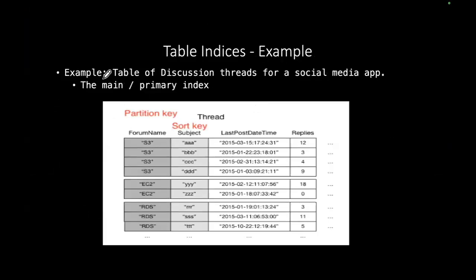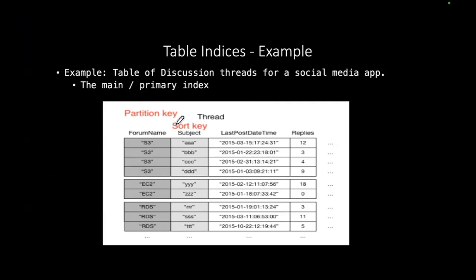Here are just some other examples. Supposing I've got a table of discussion threads. I think I took this straight out of the DynamoDB documentation, really. I've got this table of discussion threads, and it looks like the partition key is of type string, a forum name, and they're just using the different AWS services as the forums.